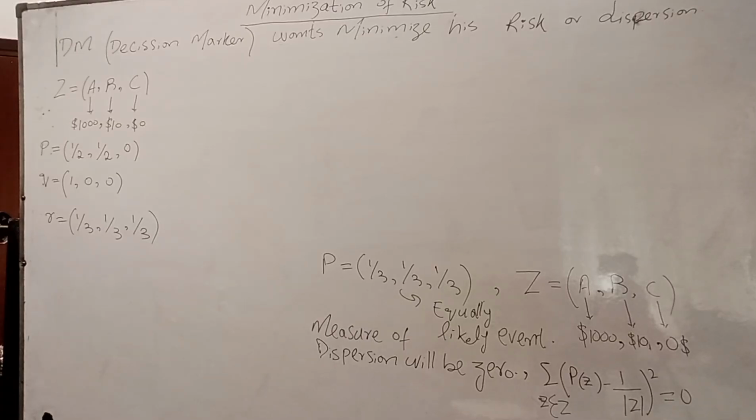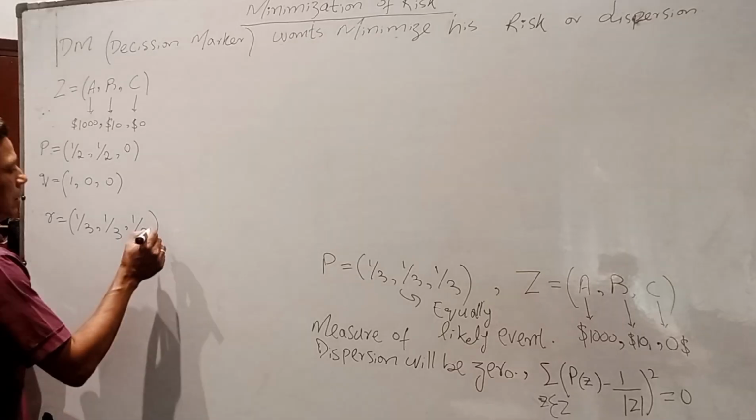Now, one decision maker compares the lotteries. So what does it mean? If you have to compare these lotteries, the lottery R has zero dispersion or zero risk, right?